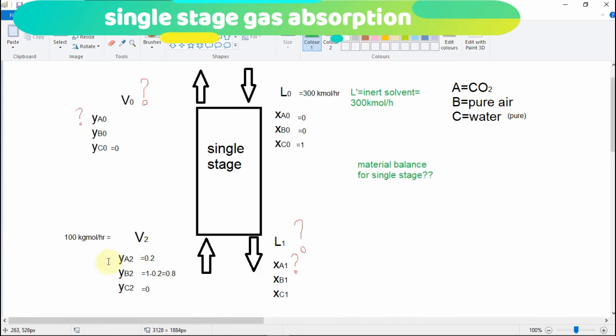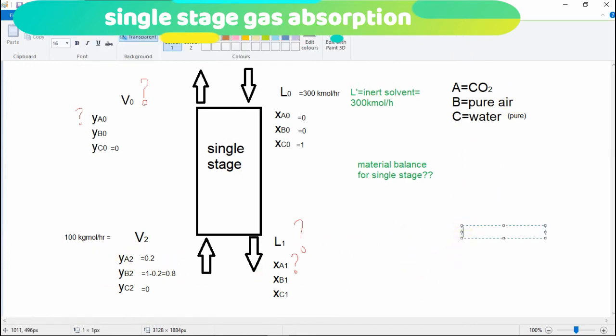So V prime is actually the inert air flow rate. The air refers to the pure air, which is V. So by right, it is the same as the value for VB2, which is VB at stream number 2.